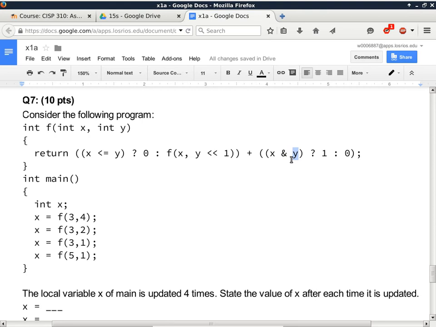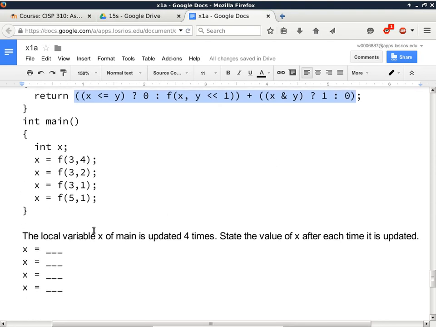Are there any common powers of 2 between x and y? X is 1 plus 2. Y is just 4. Is there anything in common? Nothing in common. So if there's nothing in common, this expression evaluates to a 0 because there are no powers of 2 in common. And as a result, we use the third expression, which means the entire thing is just a 0.